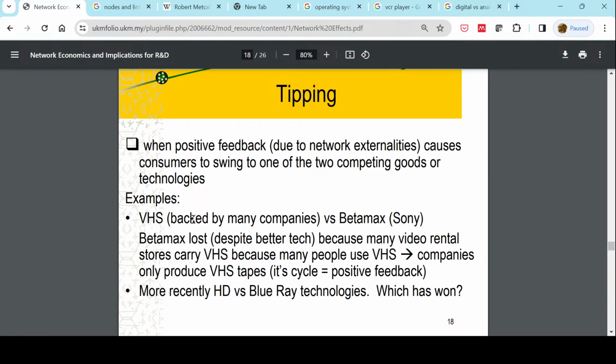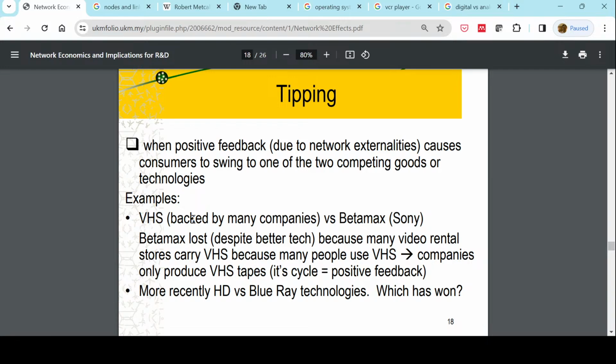So Betamax lost despite better technology, better picture, more clear picture, because many video rental stores that I showed you just now carry or provide VHS, because many people use VHS because it's cheaper. The tape is cheaper, the player is cheaper.